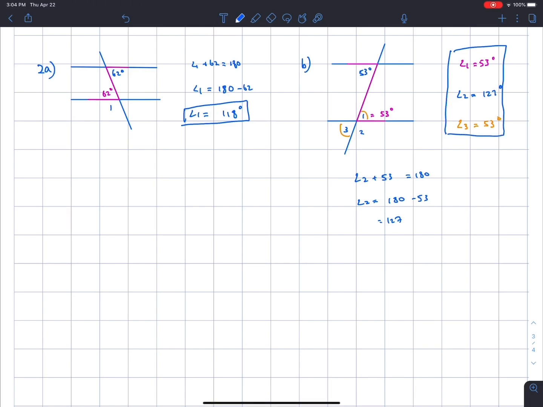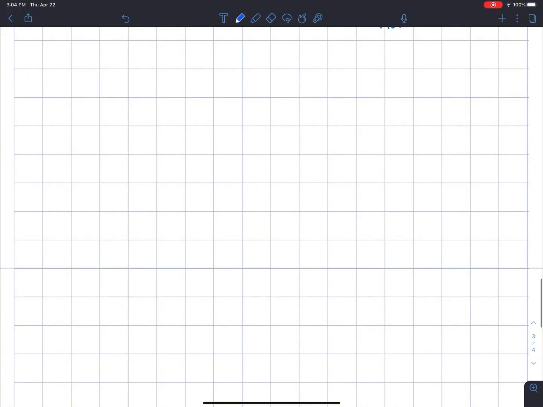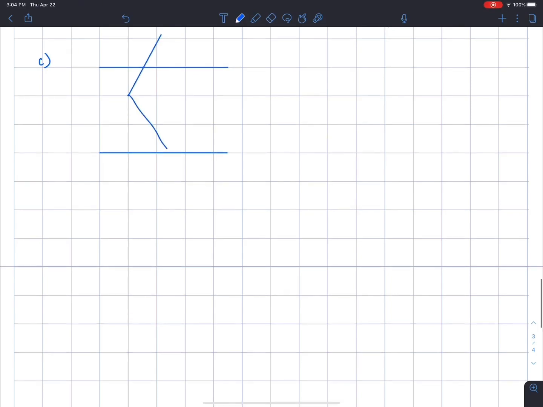Okay, moving on to C. Okay, so we know that these two are parallel lines.